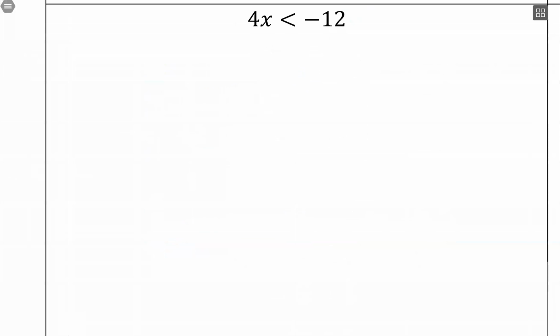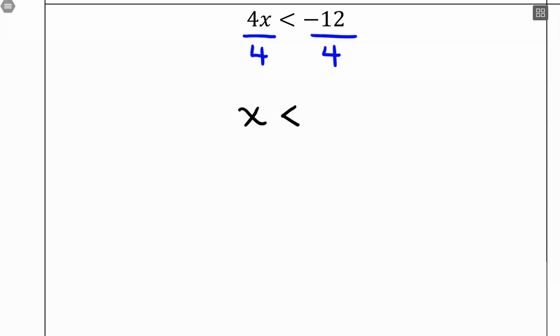All right. Here we have a number multiplying, and this is where I need to be careful. When I start dividing and multiplying values, I need to pay attention to whether I am multiplying or dividing by a positive or a negative number. So here I'd want to divide by 4. I'm dividing by a positive number, and that doesn't have a special rule for it, so our inequality just stays the same. Negative 12 divided by 4 would be negative 3.